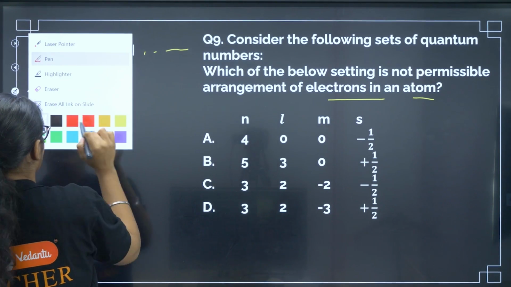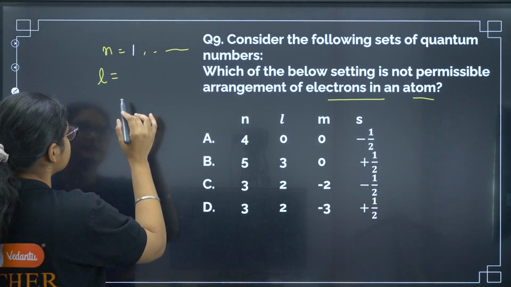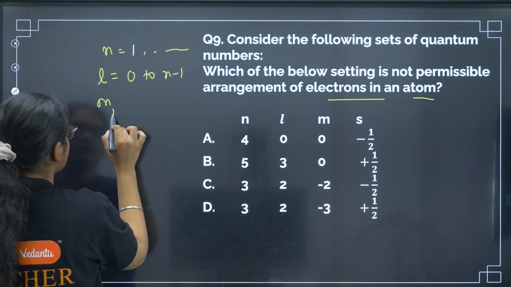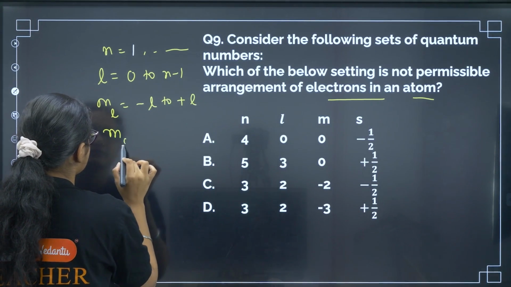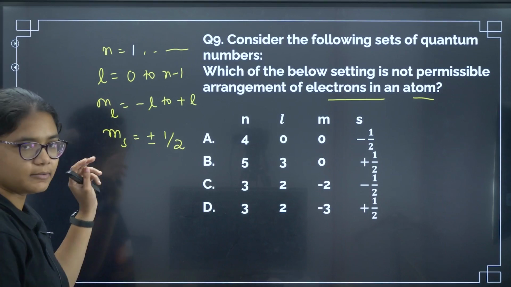Next we have the azimuthal quantum number. It ranges from 0 to n minus 1. Then ml ranges from -L to +L, and ms is ±1 by 2. Okay, these are the quantum numbers possible.